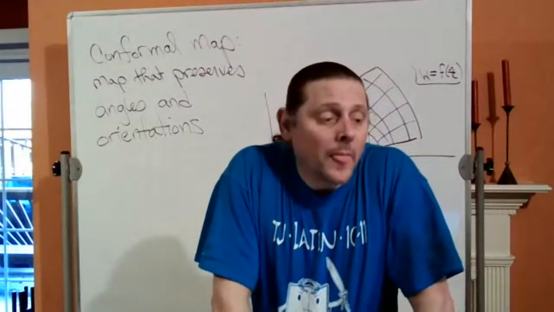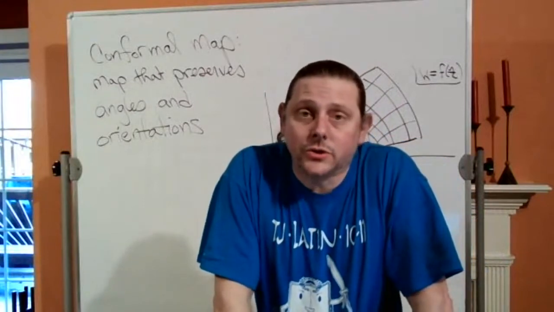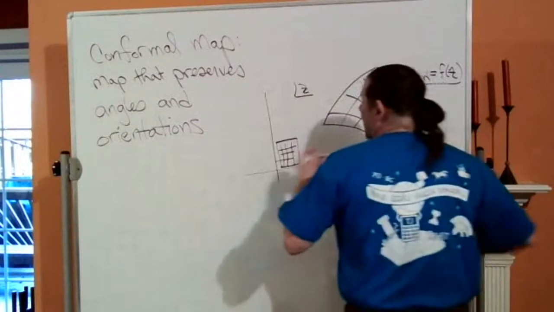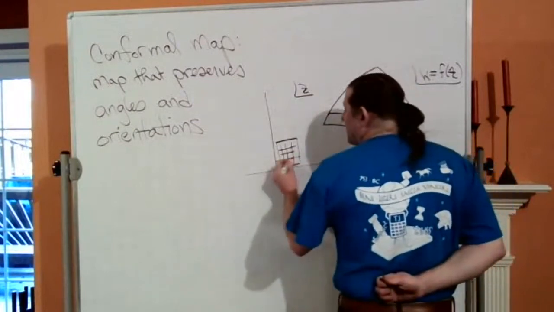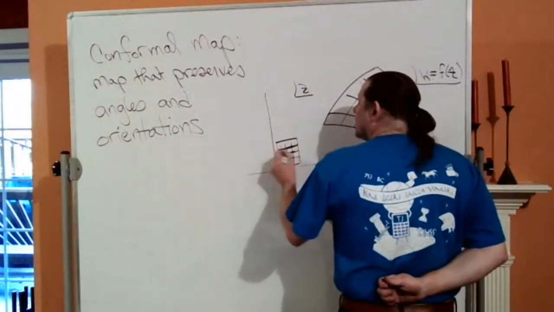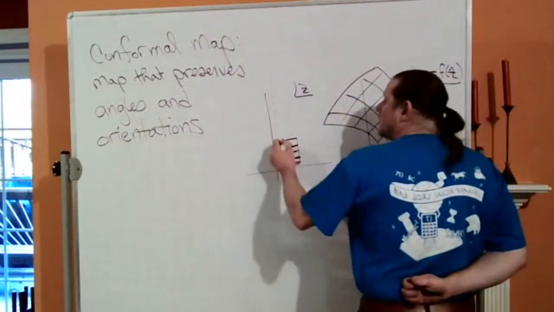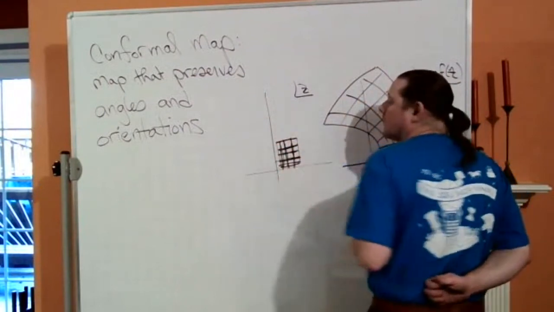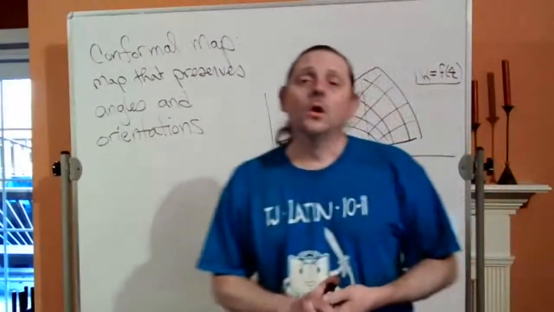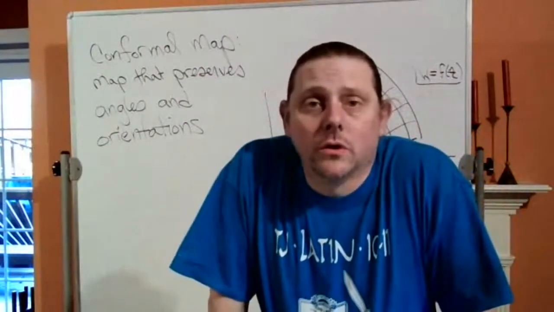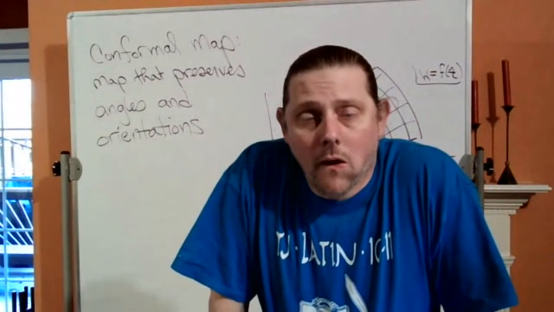All right, it preserves angles and orientations. So if I look here in my input, lines of constant y are horizontal, lines of constant x are vertical. So they make right angles with one another.